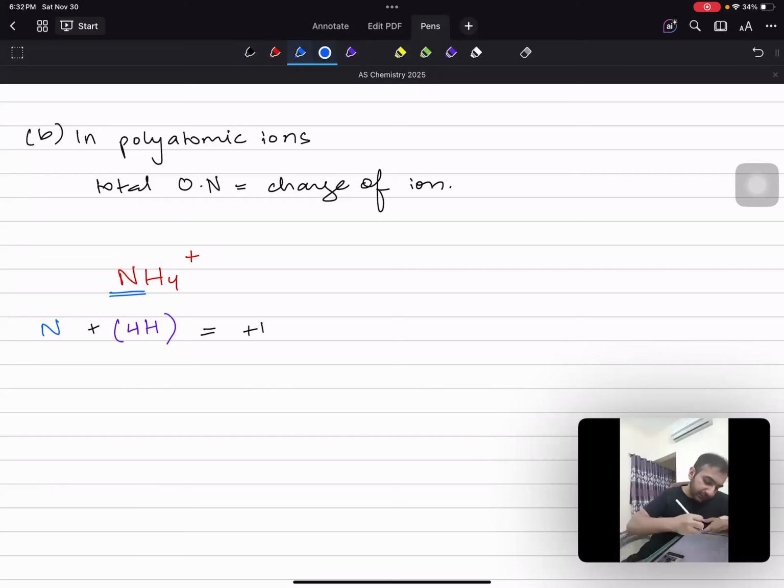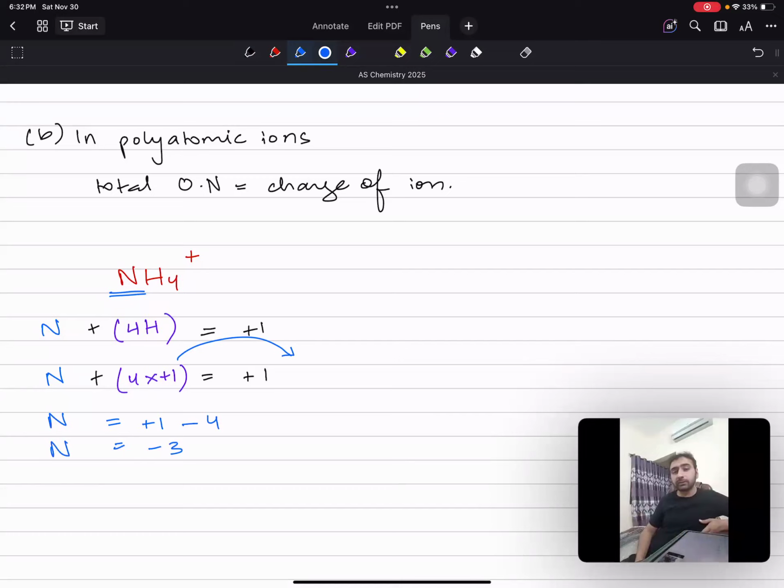A single nitrogen is, I don't know, but I do know that 4 hydrogens are each +1, and that is equal to +1. Each of the 4 hydrogens is +1. So when I solve it, it becomes N is equal to +1. This thing goes there, which means -4. N is equal to -3. So nitrogen's oxidation number is -3 over here.